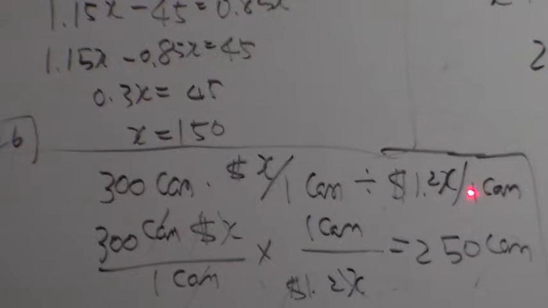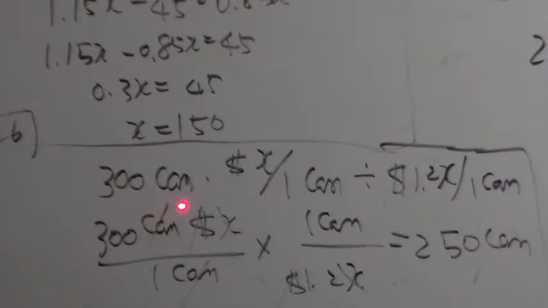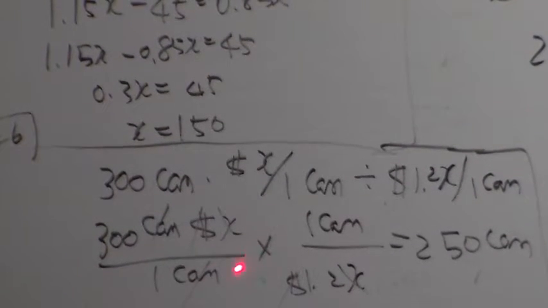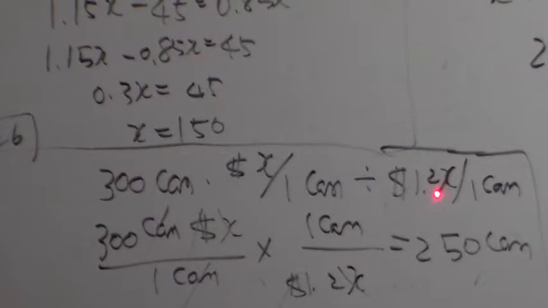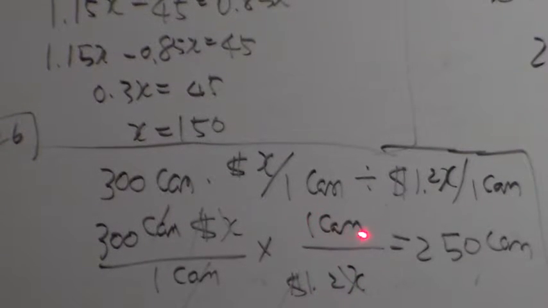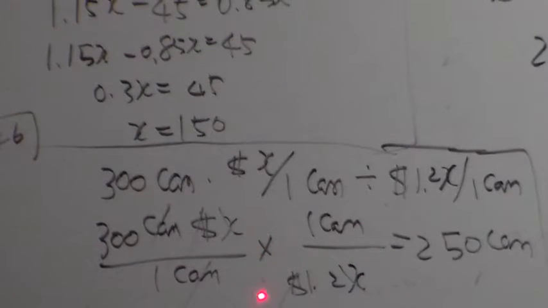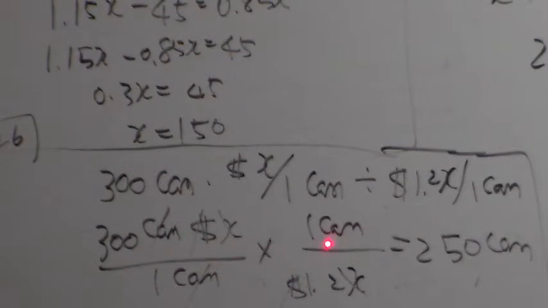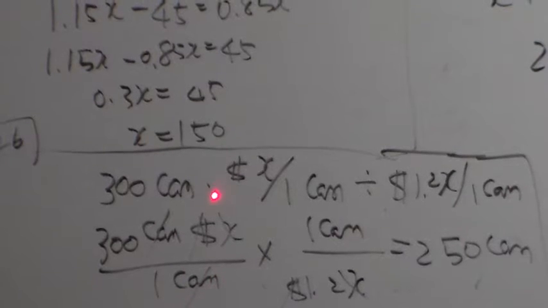This divided by this. So I'm going to rewrite this part as it is, and times the reciprocal of this. So $1 over 1.2x dollars per 1 can. Look at this one. The x cancels out, the dollar sign cancels out, and the can cancels out.